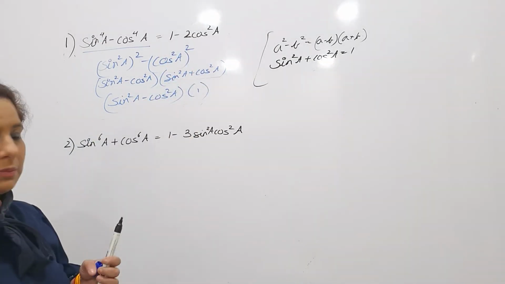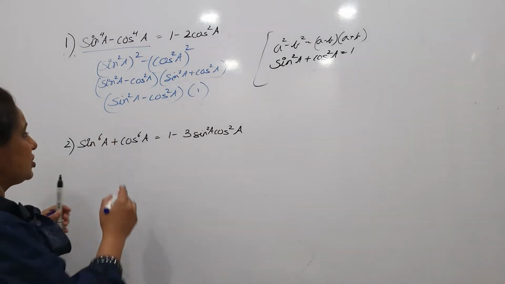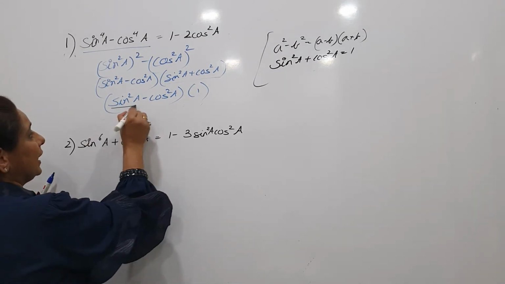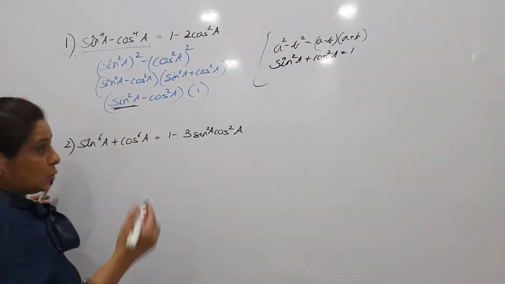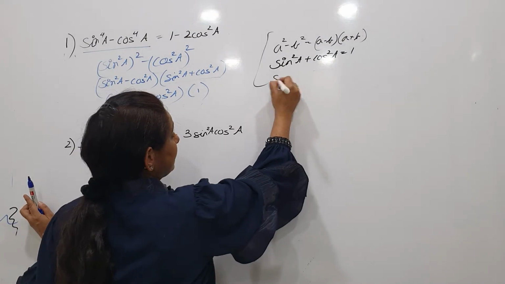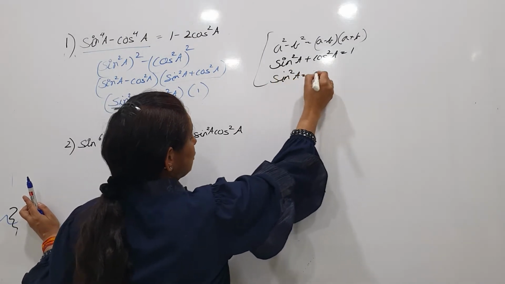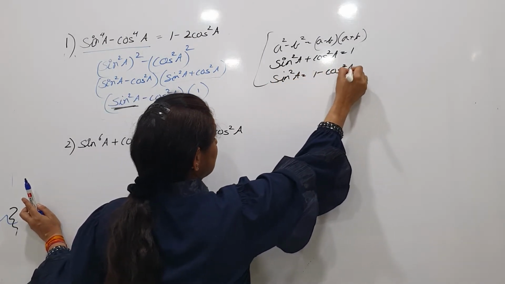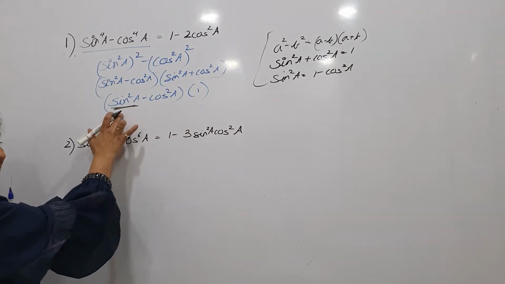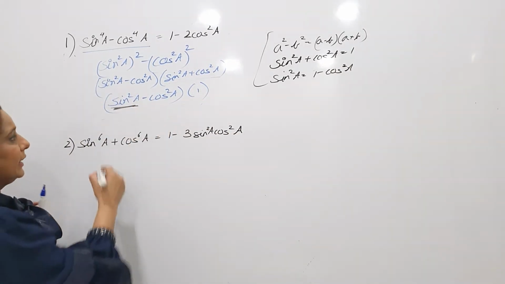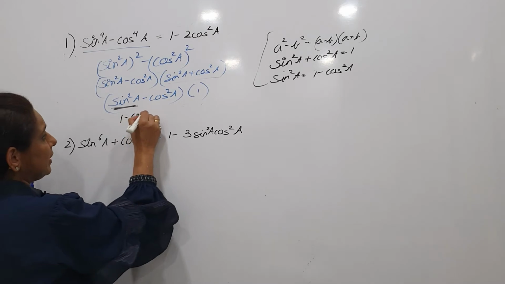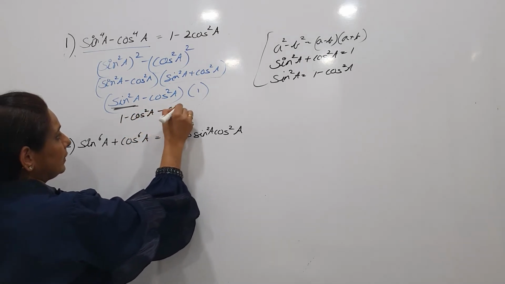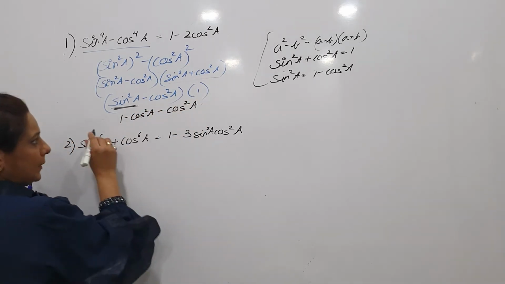So how can it be done? It can be done by changing sin²a in terms of cos²a. And what is that? sin²a is equal to 1 − cos²a. So we'll replace sin²a with 1 − cos²a. So 1 − cos²a − cos²a.